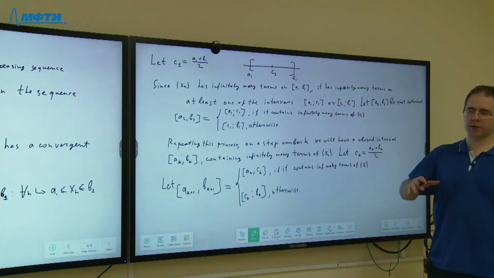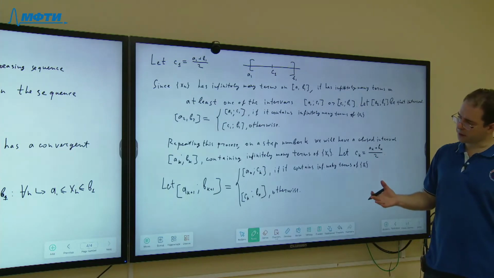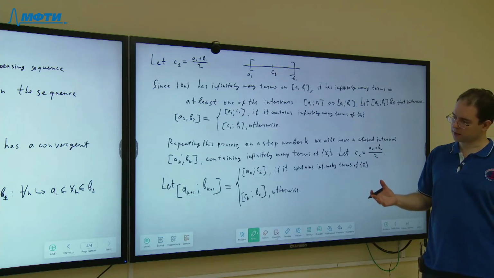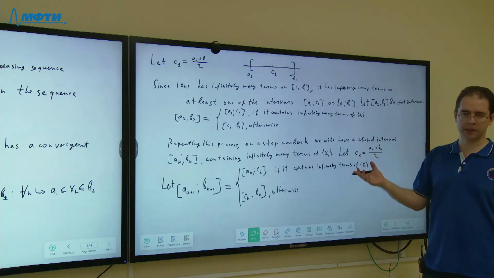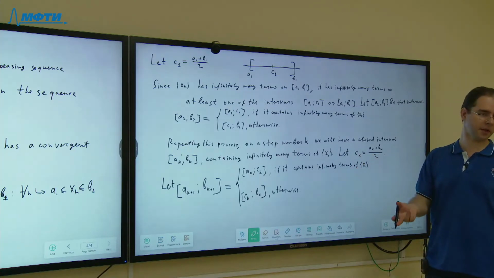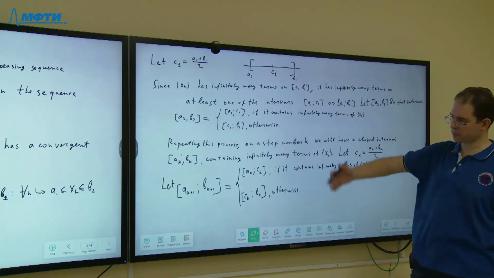So after this step number k, I have constructed an interval AK plus 1, BK plus 1, which also contains infinitely many terms. And I repeat this process.